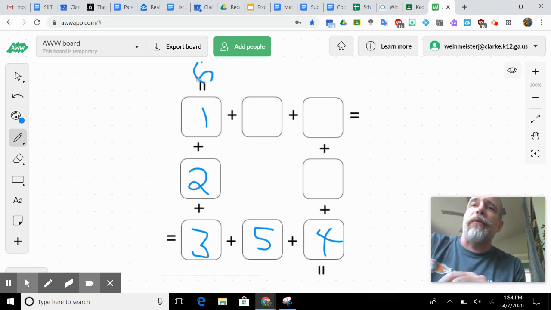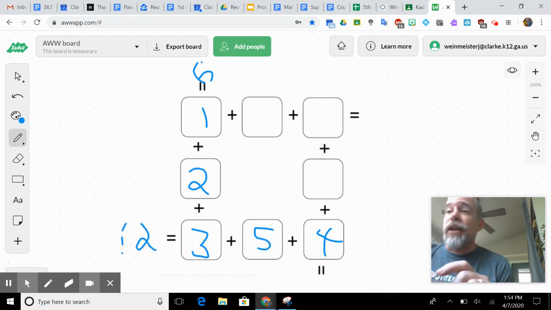So that's 6 up here, right? And then down here, my 3 plus 5 is 8, plus 4 more is 12. So you see that doesn't work. You can guess and check and plug in all these different numbers in different spaces, balancing them around.